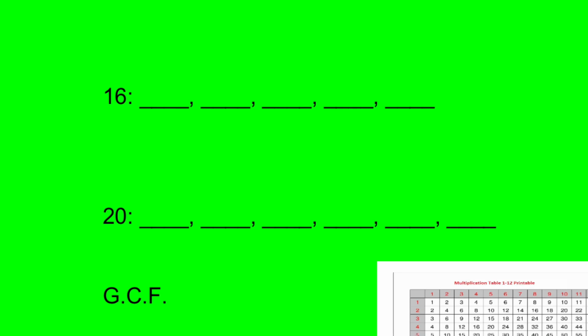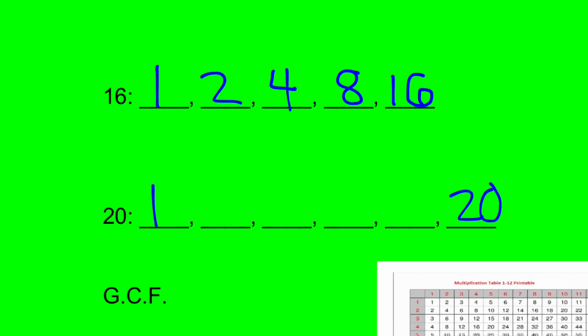Do a couple more. So we have the number 16 and the number 20. Well, the factors of 16 are 1 times 16, 2 times 8, and 4 times 4, but we just have to write the 4 once. And the factors of 20 are 1 times 20, 2 times 10, and 4 times 5.